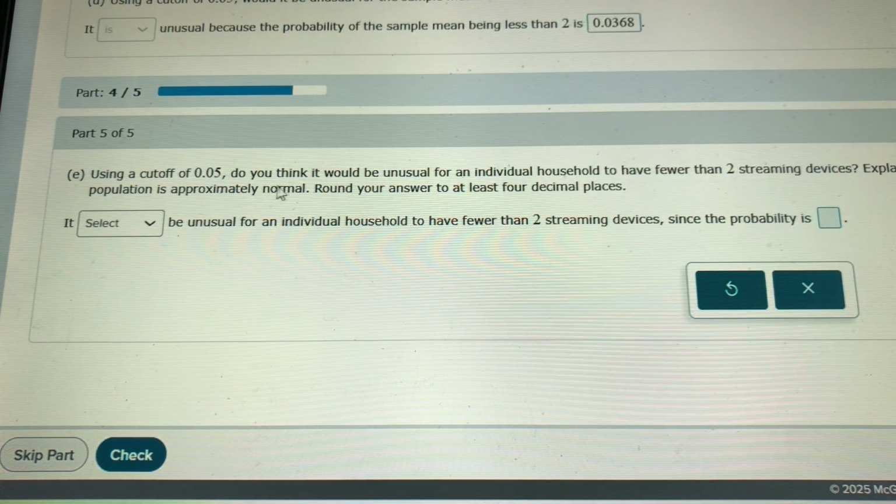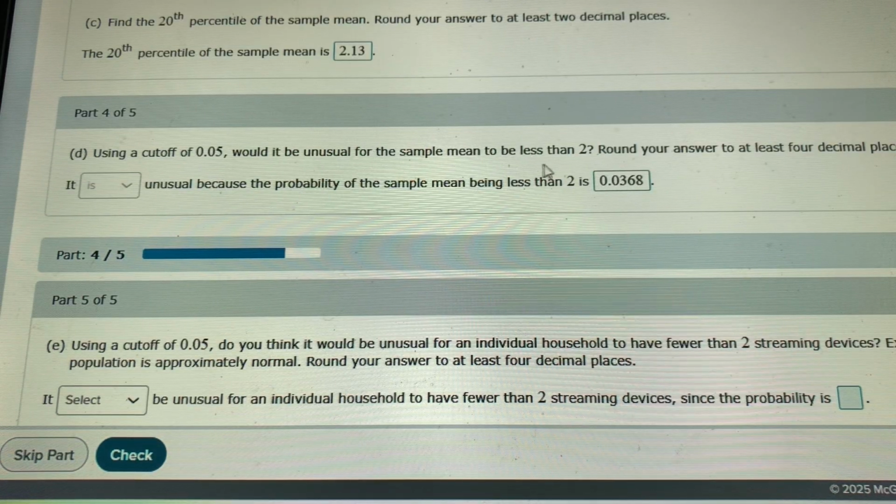Using a cutoff of 0.05, you think it'd be unusual to have fewer than 2 streaming devices? Explain. That's weird, isn't that the same question? Less than 2, fewer than 2. That's weird.